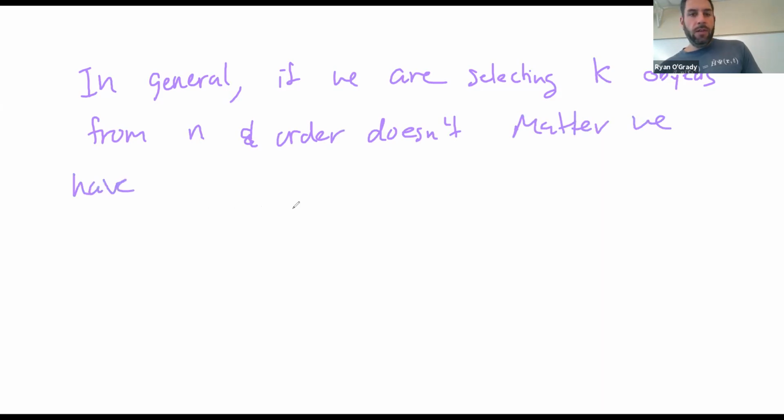It's N factorial divided by N minus K factorial times K factorial. So we have this many options.